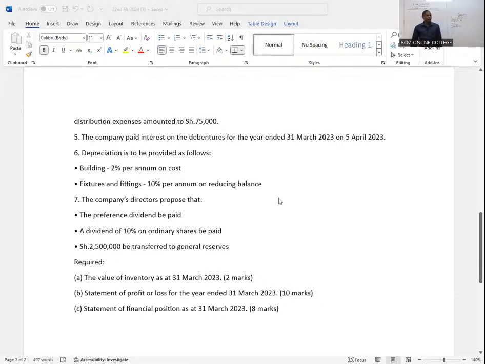Now take the final picture of that, so that I stop sharing, so that we can do that question. So are we done? Confirm whether you're done with taking the picture. I can see there are two who have just joined. For those who have just joined, Priska, confirm whether you've taken a picture of that. I want to go back to the trial balance for the sake of the two who have just joined. Priska, I'm waiting for you.